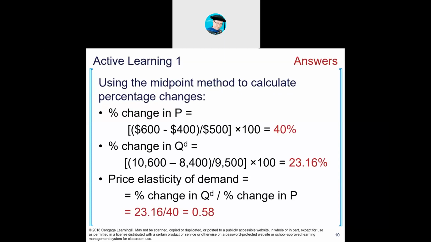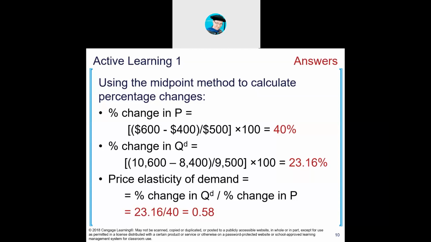So percent change in price: 600 new minus 400 old divided by 500 midpoint times 100 is 40% change in price. Change in quantity demanded: 10,600 minus 8,400 divided by 9,500. 9,500, that's our midpoint between 10,600 and 8,400.